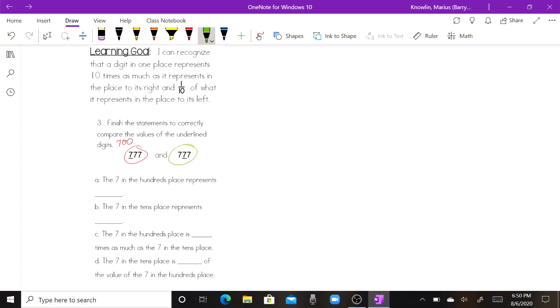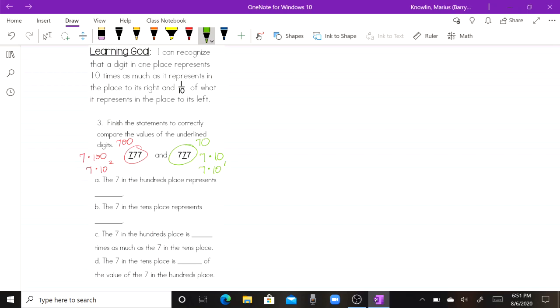This 7 is in the tens place, so that 7 represents 70. All right, and let's think about what are the other ways we could write 700. We could say it as 7 times 100, or we could say 7 times 10 to the second power. And for 70, we could write that as 7 times 10, or we could write that as 7 times 10 to the first power.